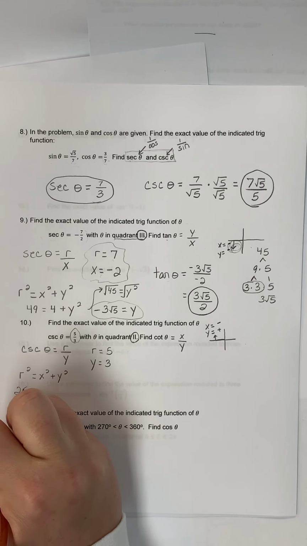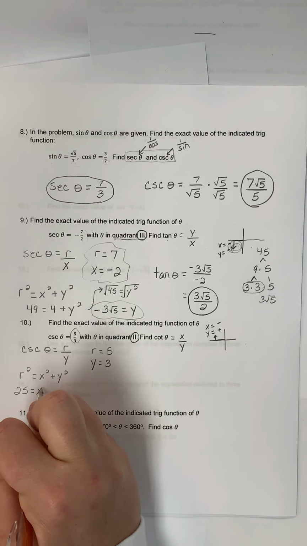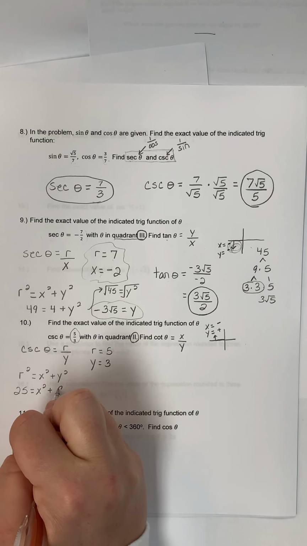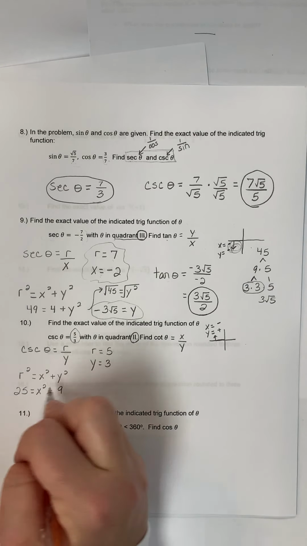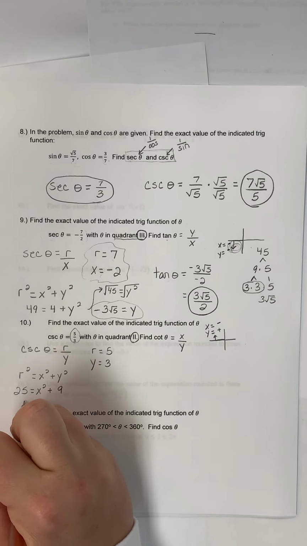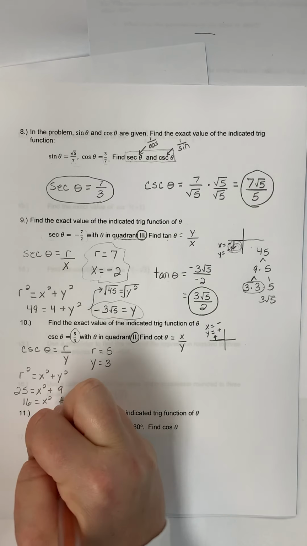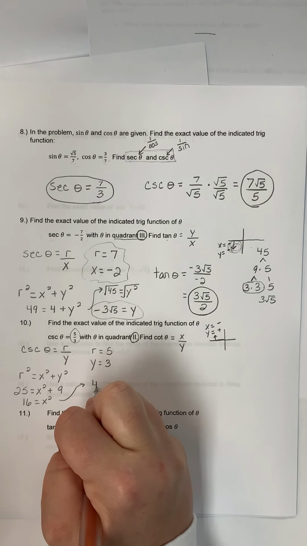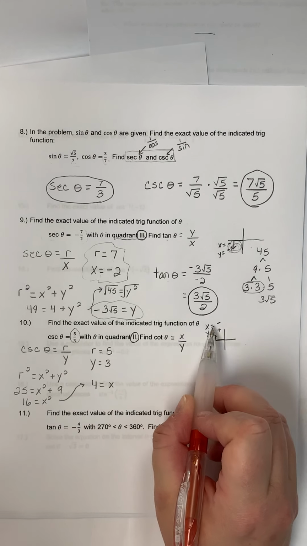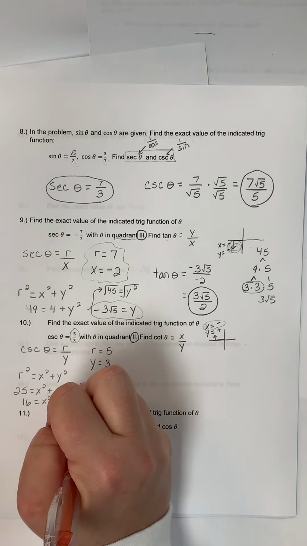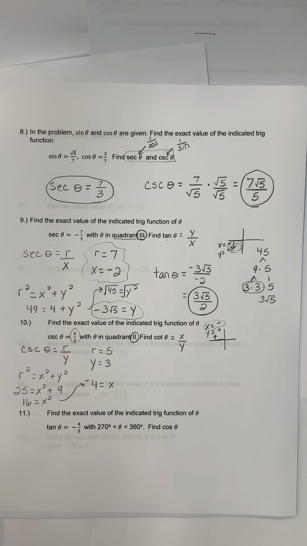I'm going to square 5. I don't know x squared. I'm going to square 3. My y here is going to come out to, I'm sorry, my x, 25 minus 9 is 16. That's x squared. Square root of both sides, x comes out to be 4. In quadrant 2, x is negative, so I need to make that a negative 4.